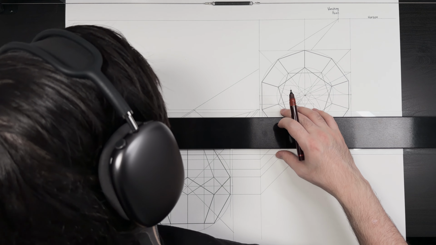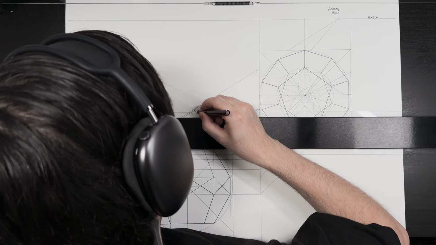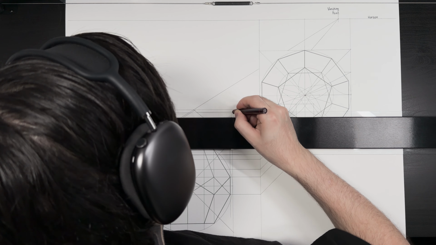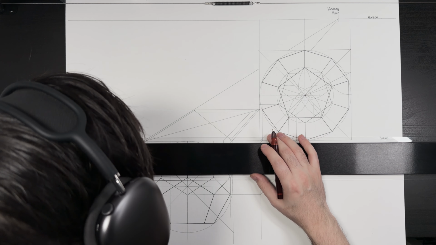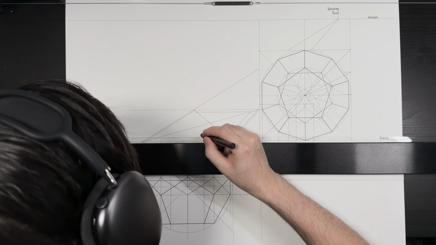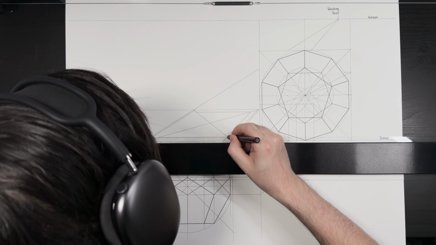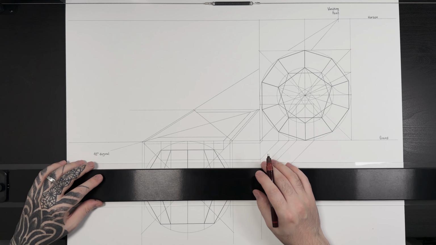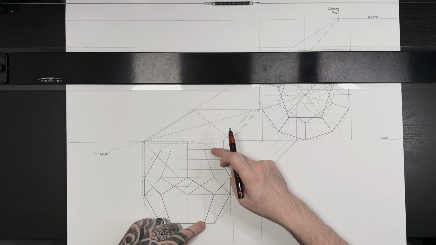So all I have to do is trace a line. These two lines are the top and the bottom of our view.